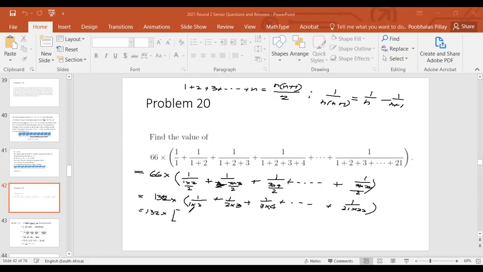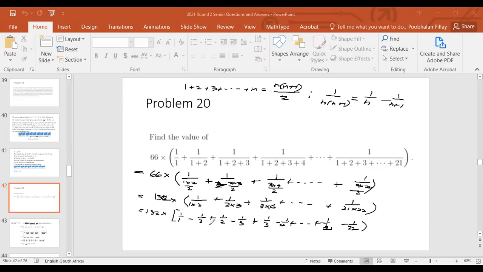1 over 1 minus 1 over 2, plus 1 over 2 minus 1 over 3, plus 1 over 3 minus 1 over 4, and you go on to plus 1 over 21 minus 1 over 22.